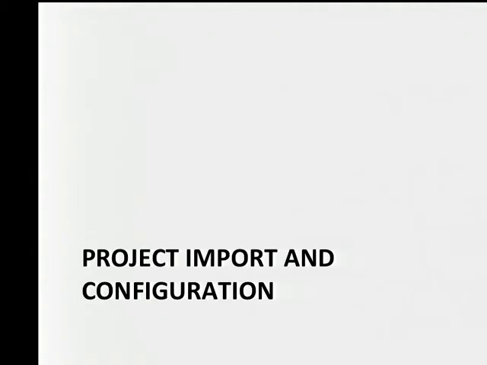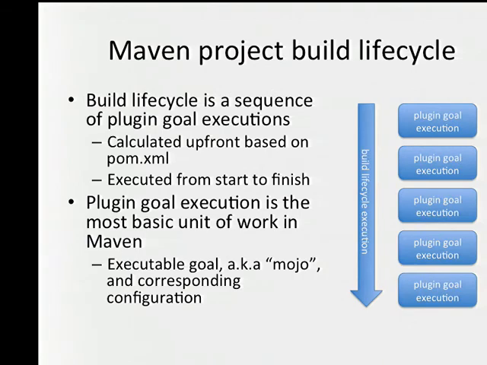Okay, so the first area I'm going to explain is project import and configuration. But before I do that, I need to remind you that during command line build, everything that happens to the project is fully defined by the project build lifecycle. Essentially, a set of Maven plugins that are executed during command line build tell everything what the project does. And there is no other source of information about the project.